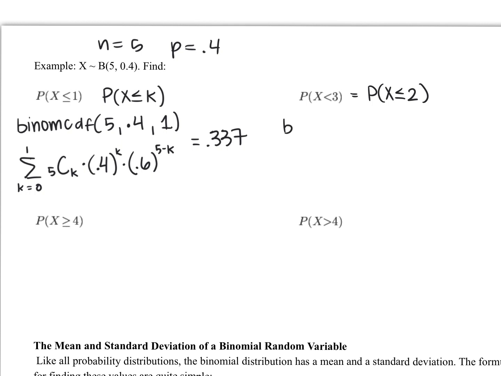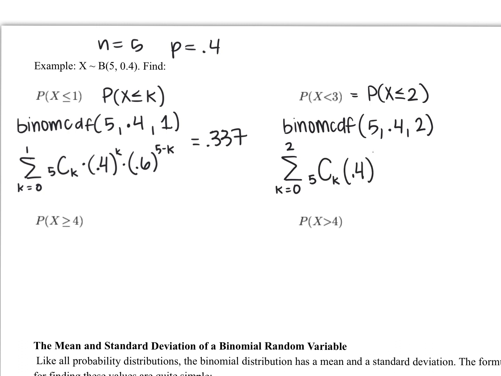So for binom CDF, I'm going to have 5, 0.4, 2. If I'm going to do the summation, I'm going to start at 0 and go to 2. I'm going to have 5Ck times 0.4 to the k times 0.6 to the 5 minus k.